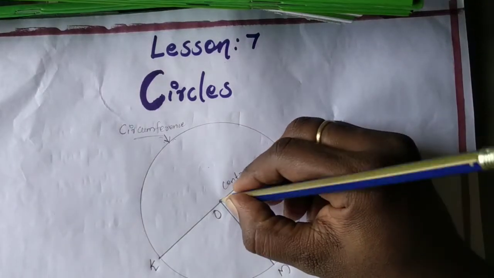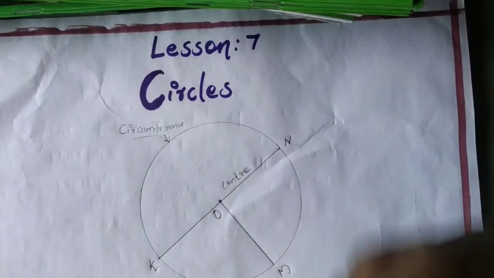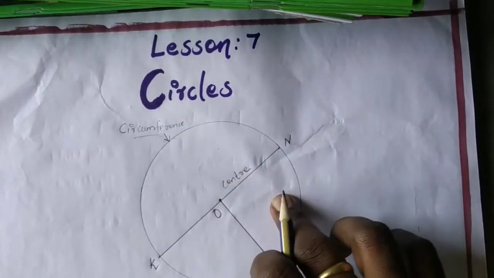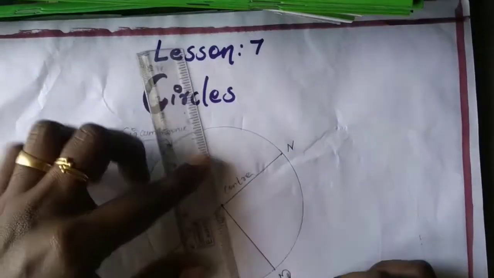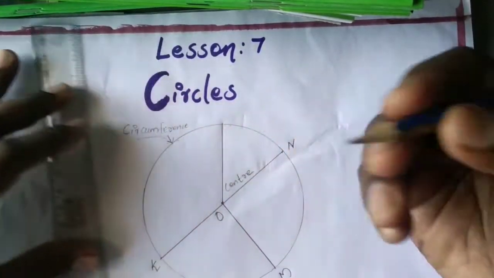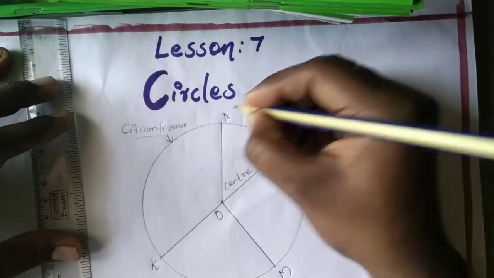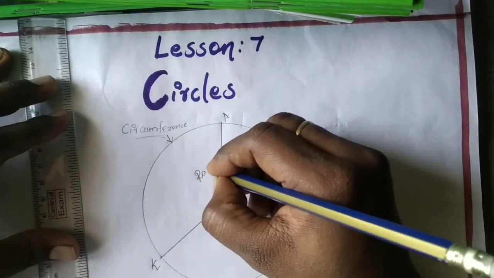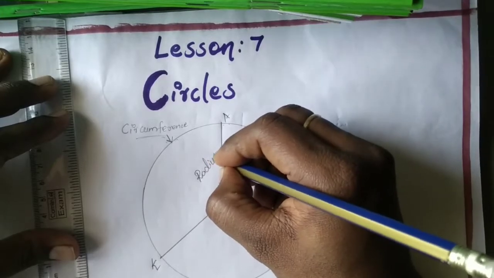From the center to any point on the circle, anywhere you want to draw, from here to here or here to here, any point on the circle, you can give it any name. Say A. So from O to A it is called the radius.